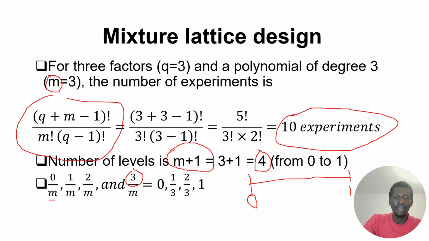If we had m equal to 4, we would continue to 4 divided by m, right? So the levels we expect to have are 0, 1 over 3, 2 over 3, and 1, which is actually a point here.